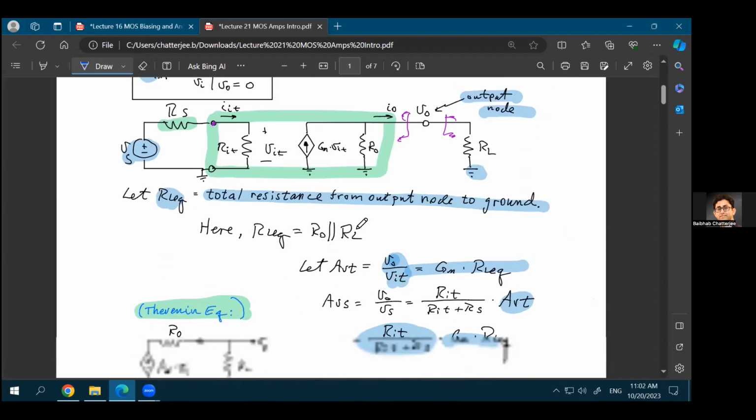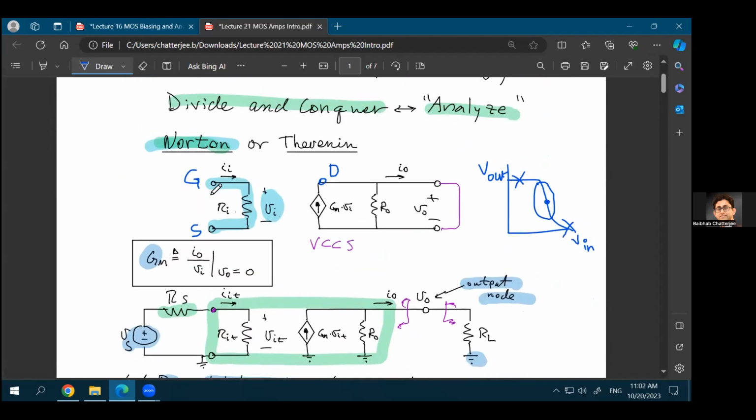This is very similar to your op-amp's AC small signal linear equivalent circuit. If you apply a voltage of VGS, you'll see a current of gm times VGS at the drain terminal. So it is a voltage controlled current source in this case, because we are showing a current.